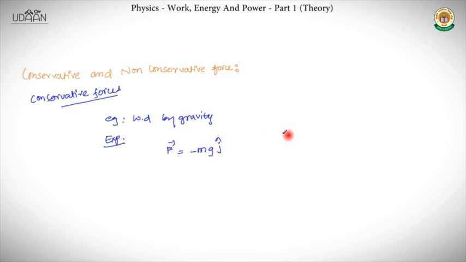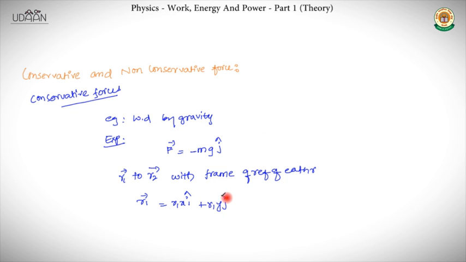Let the body be moved from point r1 bar to r2 bar with the frame of reference of the earth. Please note this, with the frame of reference of the earth. Let r bar initially be equal to r1x i cap plus r1y j cap, and r2 bar is equal to r2x i cap plus r2y j cap.